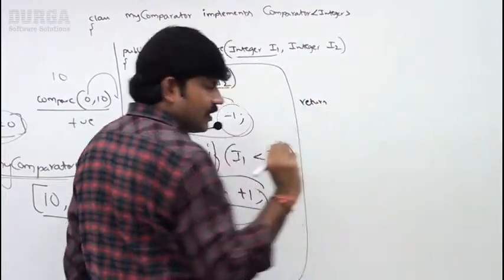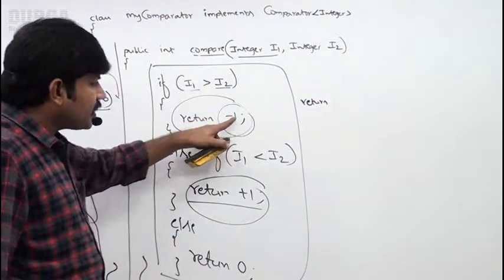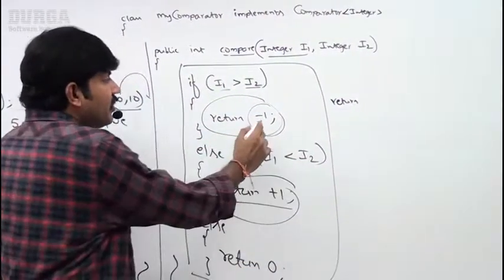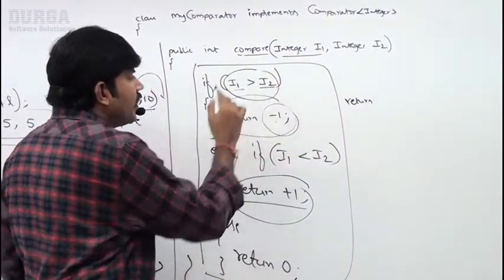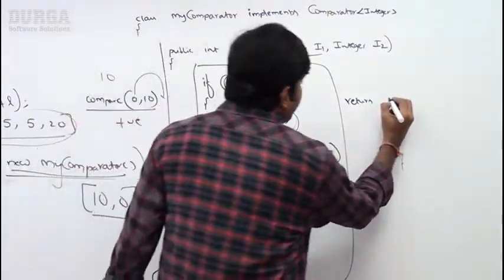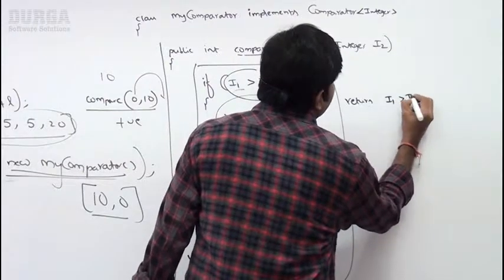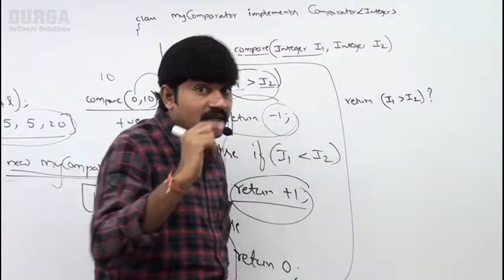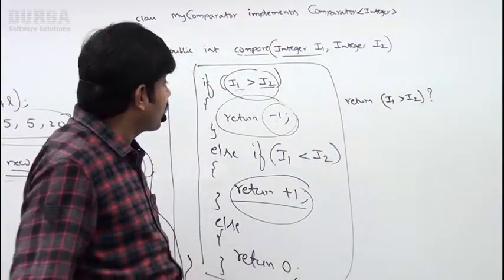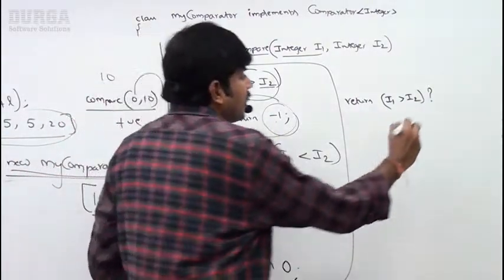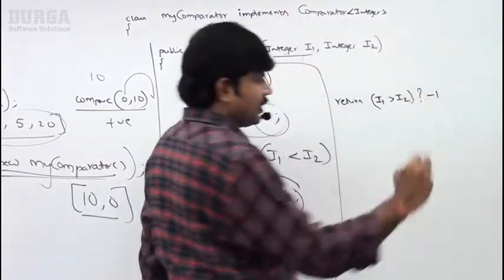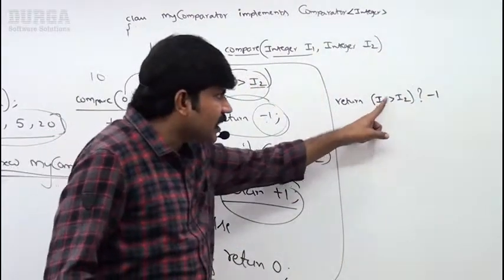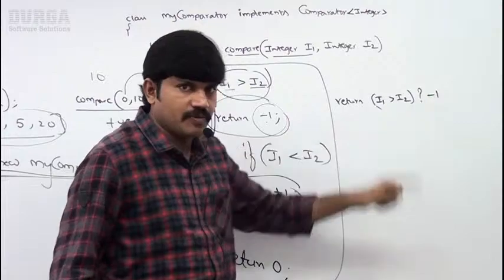Return -1. When do you return -1? If I1 is greater than I2. So, I1 greater than I2, question mark, the conditional operator. What do I have to return? -1. If this condition is satisfied, return -1.